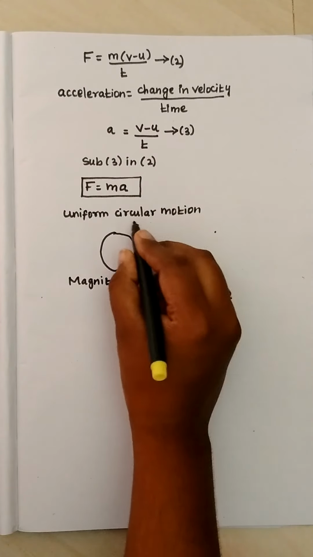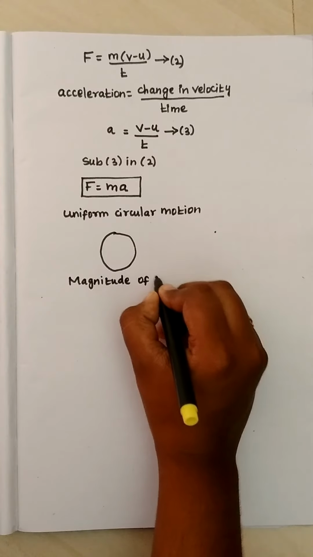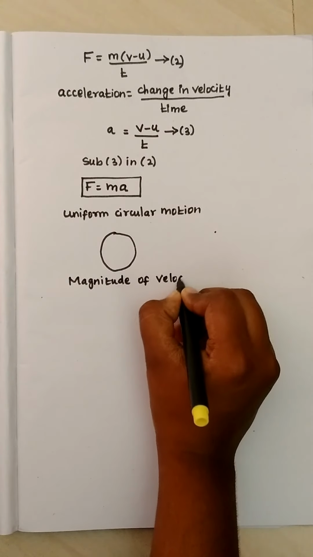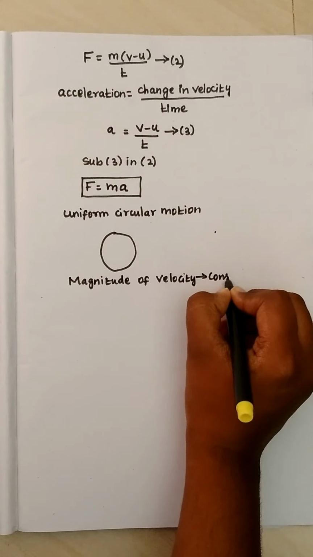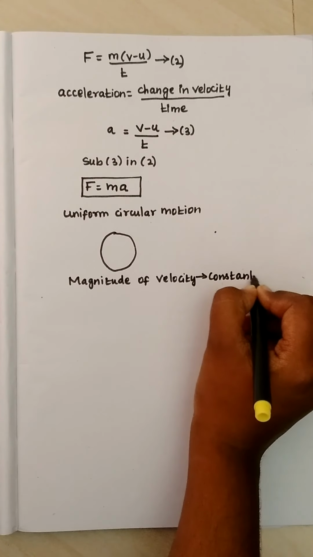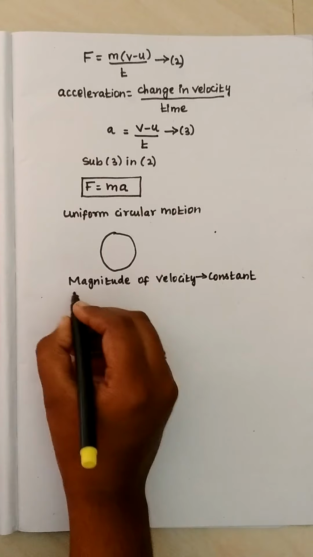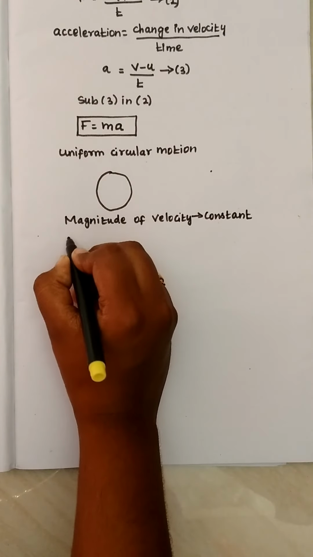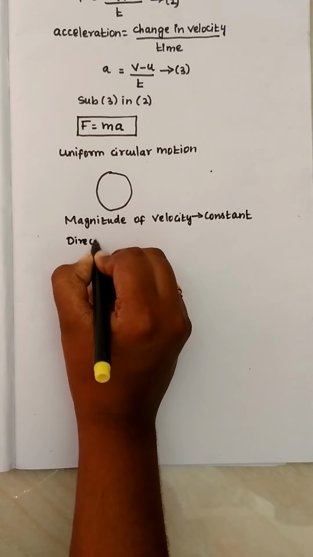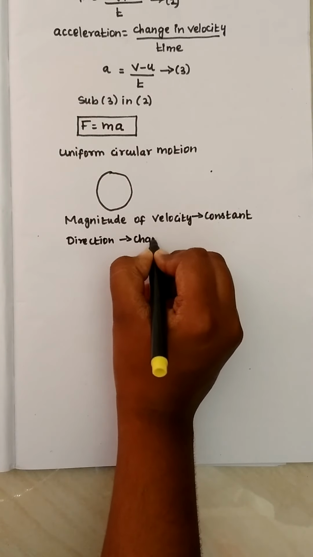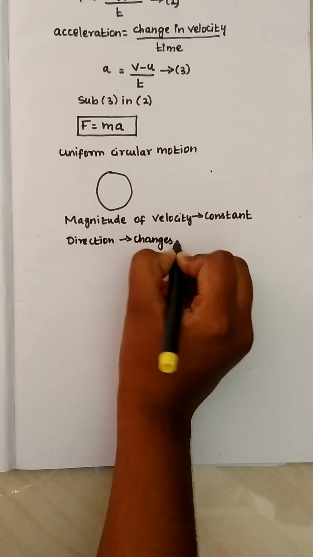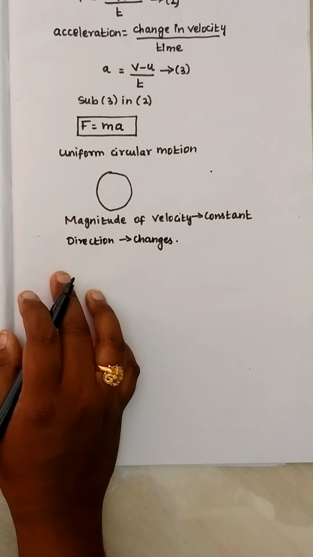Velocity ku rendu terms irukku, that is it is having both magnitude as well as direction. So magnitude is constant, whereas this direction value it is keep on changing.